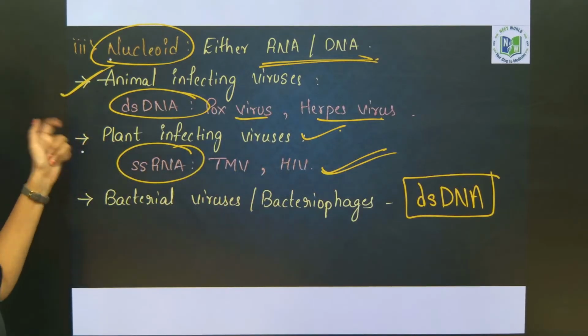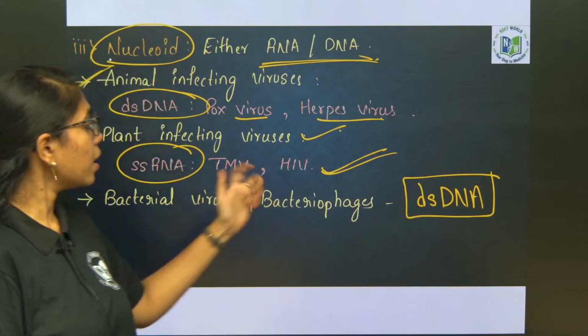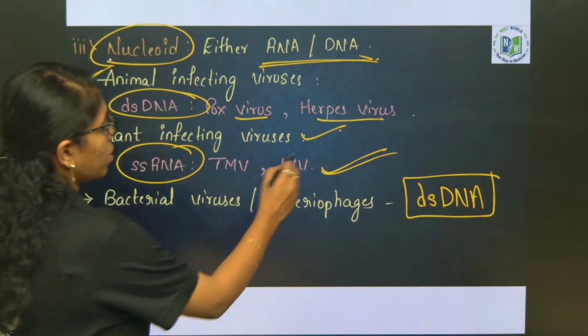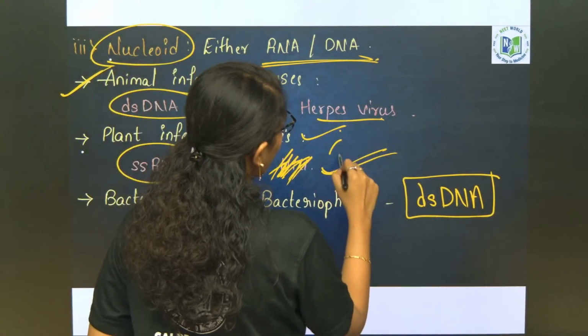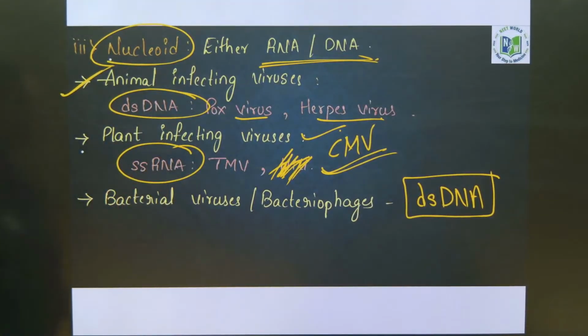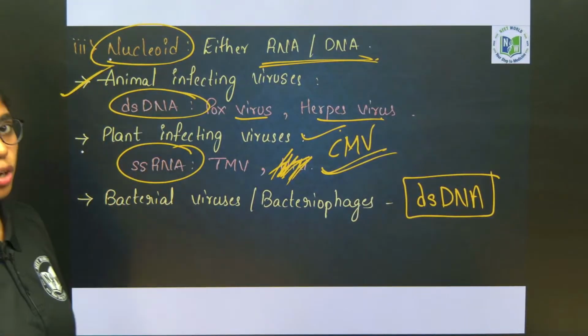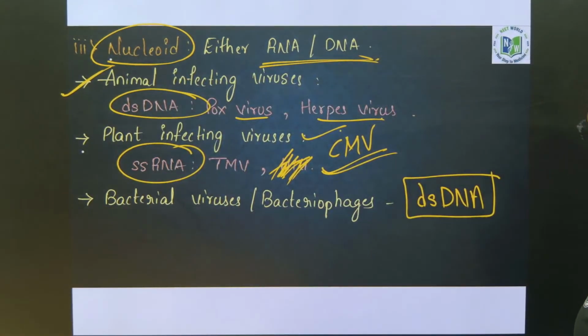Plant infecting viruses mostly have single-stranded RNA, tobacco mosaic virus or cauliflower mosaic virus. Bacterial viruses or bacteriophages have double-stranded DNA. Clear, right? Next.